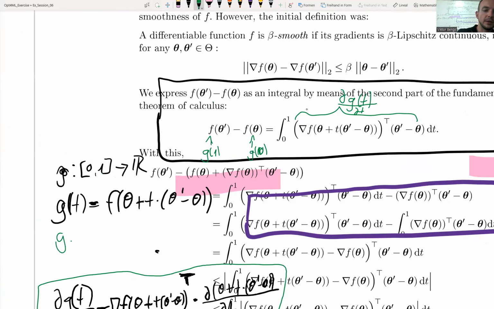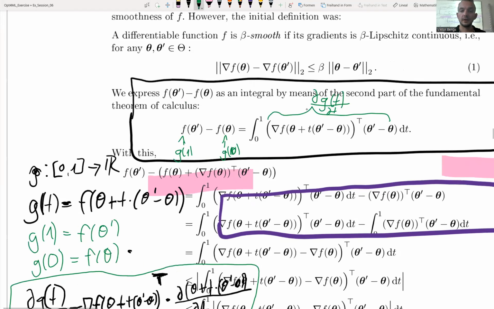If we plug in t equal to 1 for g, what do we get? We get f evaluated at theta plus theta prime minus theta. So the thetas are cancelling out, only theta prime remains, and evaluating g at 0, what remains is only theta. So this is indeed the left-hand side.